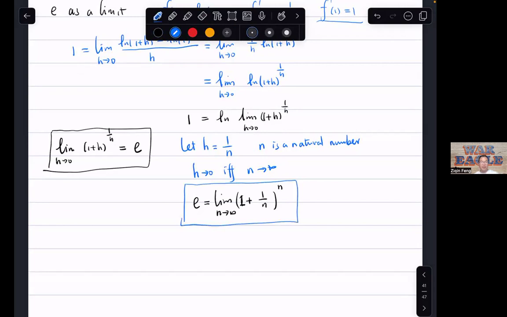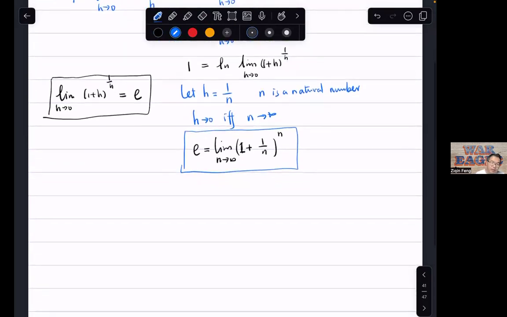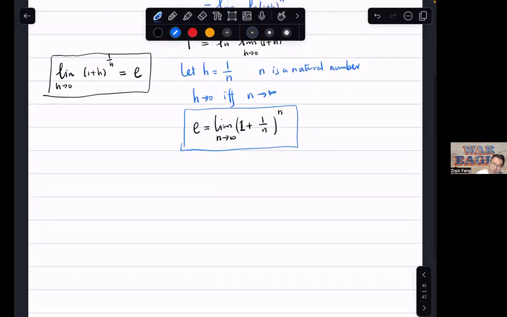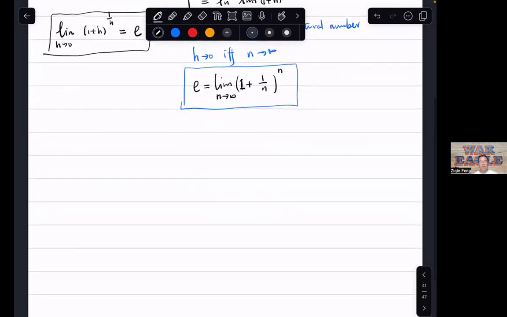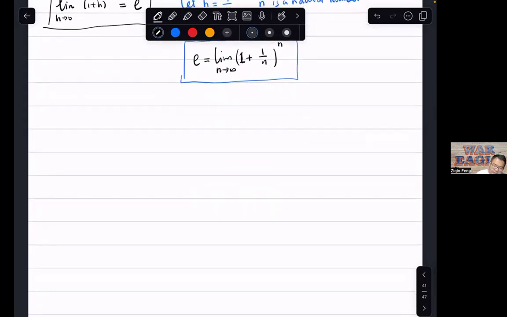Okay, now let's see the application of this through an example. Let's try to make a connection with economics using e here. So let's use an example here. You deposit $1,000 in a bank.